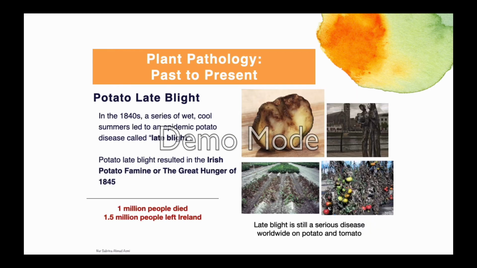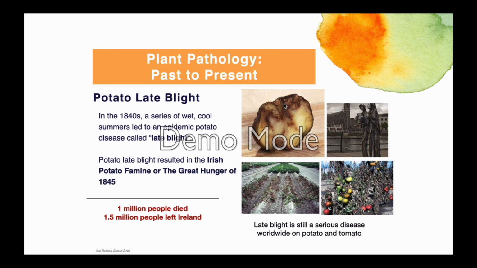So in the 1850s, during wet and cool summers, the potato was attacked by a potato disease known as late blight. During that time, they didn't know what pathogen caused this late blight. However, the disease was very serious, and there was a great reduction in potato yield.